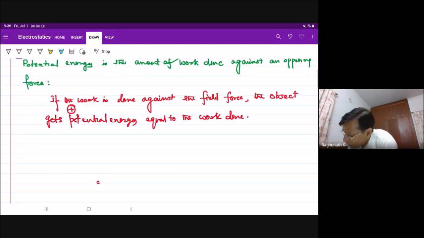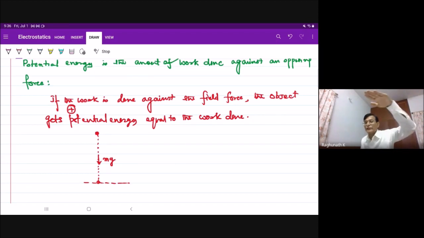Please check one particular point. The reference position is on the surface of the earth. If you take this object of mass m straight up to a height h, everywhere the opposing force is mg bar in the downward direction, assuming acceleration due to gravity remains constant with height in that particular range.